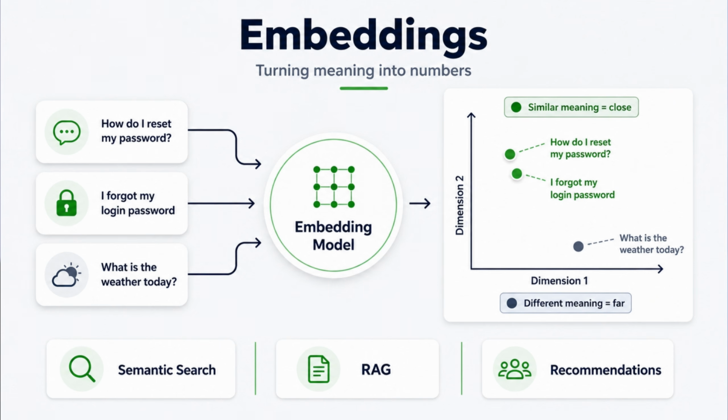Embeddings help machines understand that two different sentences can have a similar meaning. This is important because users do not always use the same words that exist inside a document, because they ask questions naturally. The system needs to find the right content. Imagine every sentence becomes a point on a map.